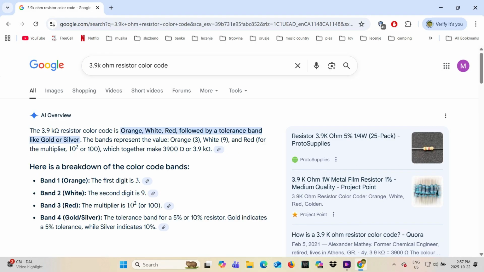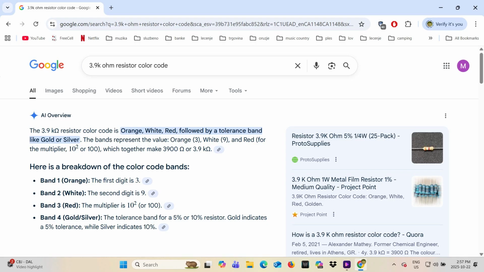Hey Aiko, 3.9 kilo ohm resistor color code. Google babe, please read it. The 3.9 kilo ohms resistor color code is orange, white, red, followed by a tolerance band like gold or silver. The bands represent the value, orange, 3, white, 9, and red for the multiplier, 10 to the power of 2 or 100, which together make 3900 ohms or 3.9 kilo ohms.